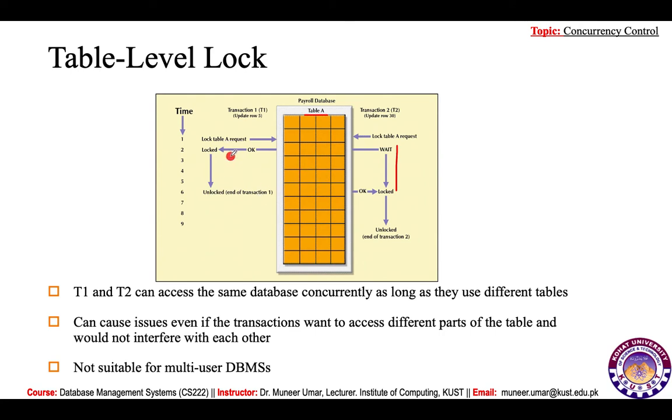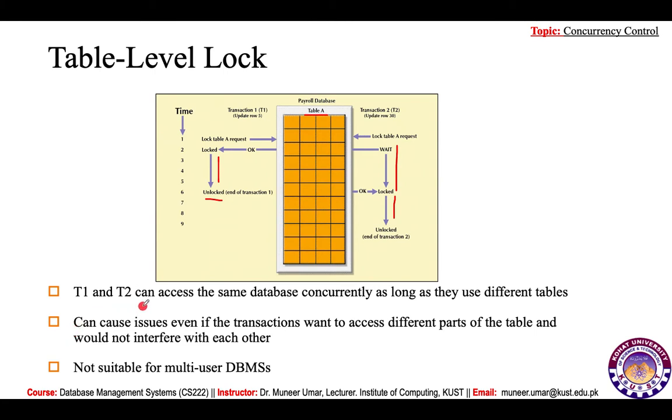So once the operation of T1 is completed, the table is unlocked, and after that T2 is given the lock, and now T2 is able to process this database table. These locks are given and released by the lock manager.